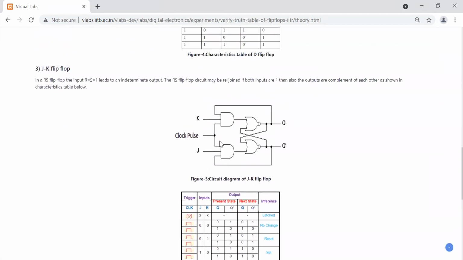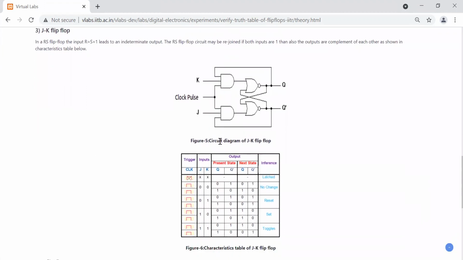This is the circuit diagram or a logic diagram of JK flip-flop. Here, two AND gates are used and two NOR gates are used.